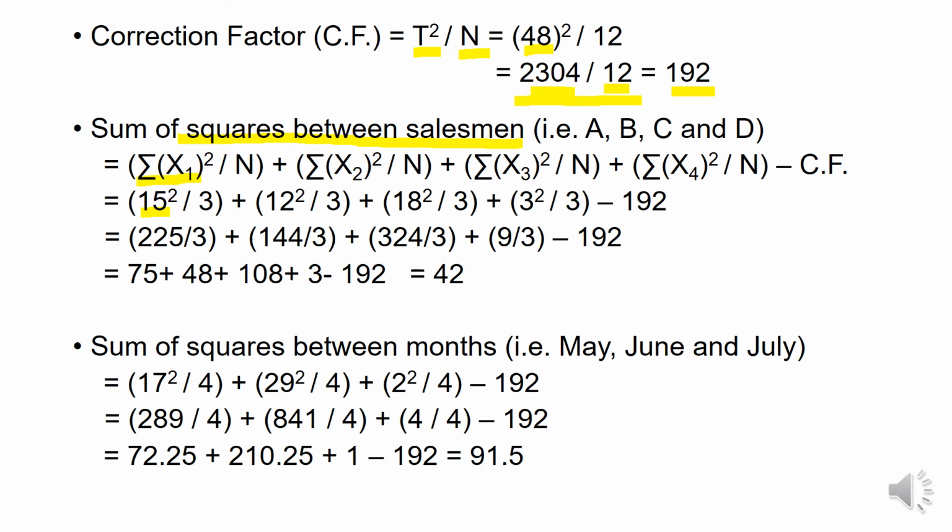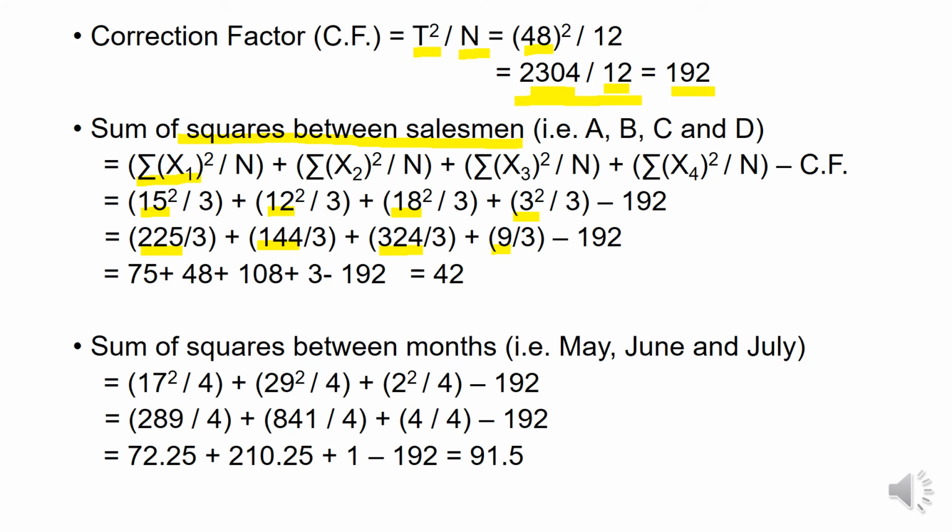The summation x2 value is for salesman B, that is equivalent to 12. For salesman C, the summation x3 value is equivalent to 18, and for salesman D, the summation x4 value is equivalent to 3. The square of 15 is 225, the square of 12 is 144, the square of 18 is 324, and the square of 3 is 9.